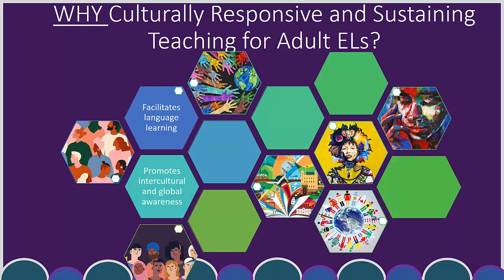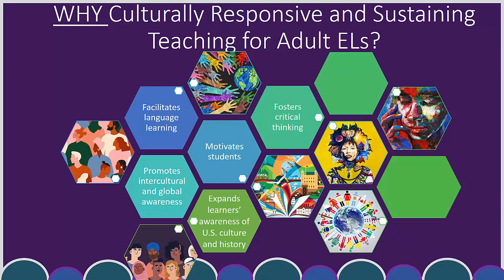CRST promotes intercultural and global awareness among learners by contextualizing language skills and content that is relevant and meaningful, and by lowering the affective filter, which motivates students to come to class, participate, and learn. Further, CRST increases learners' awareness of U.S. culture and history, fosters critical thinking, encourages civic engagement, and enhances students' socio-political consciousness.